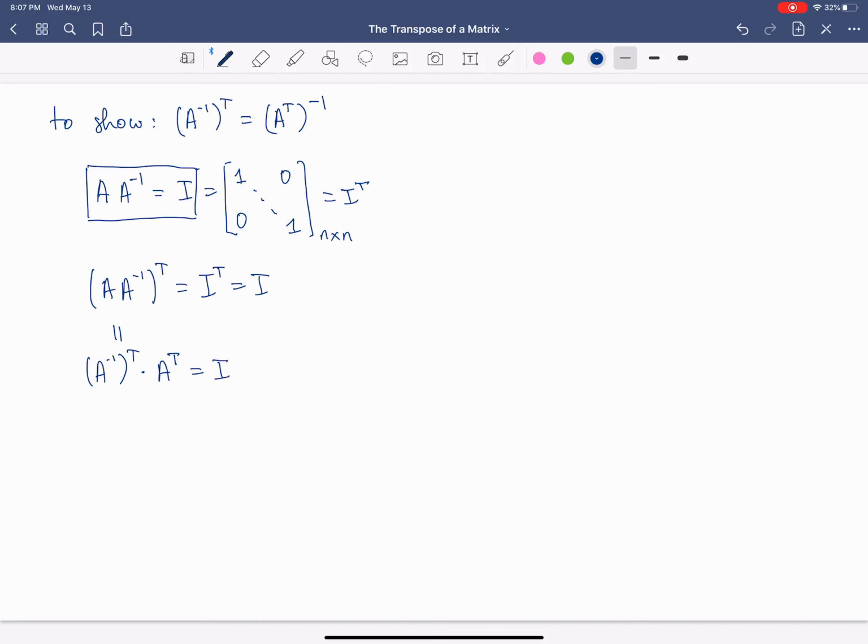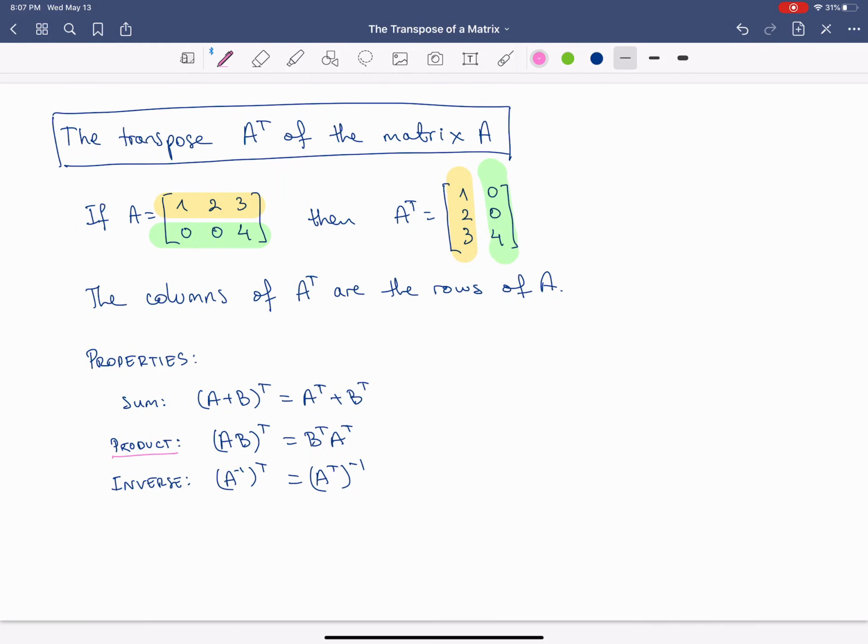Now, from the fact that inverses are unique, it turns out that the inverse of A transpose is (A inverse) transpose. So the inverse of the transpose of A must be this other part, (A inverse) transpose. So we have shown that these three properties, the sum was very intuitive, the product and the inverse, all hold.